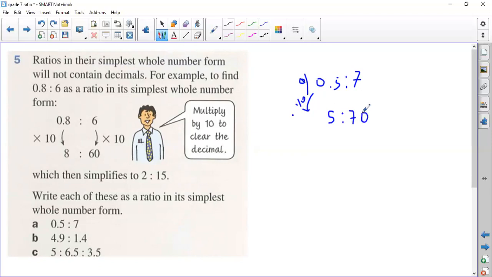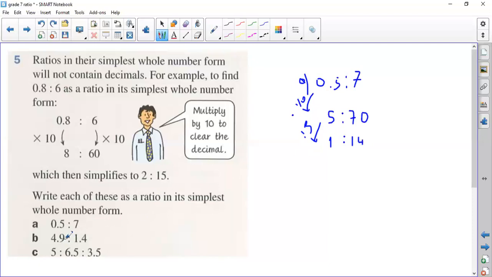Is this one in the simplest form? No. We know that the highest common factor of 5 and 70 is 5. So now I will divide by 5. And it will be 1 to 70 divided by 5, so it is 14. Okay, 1 to 14.